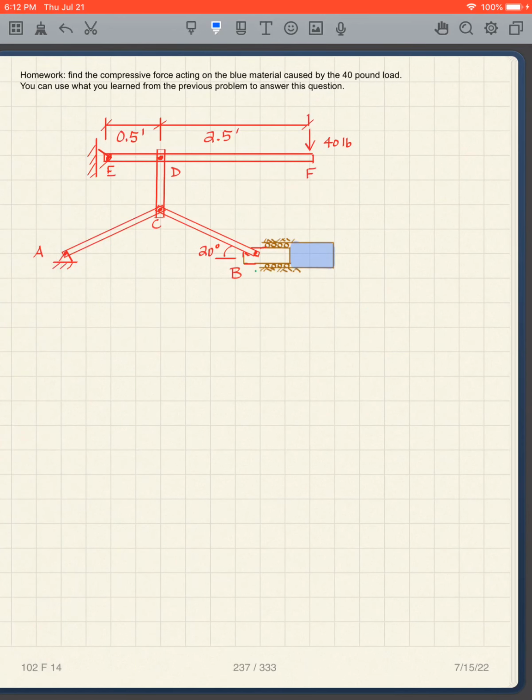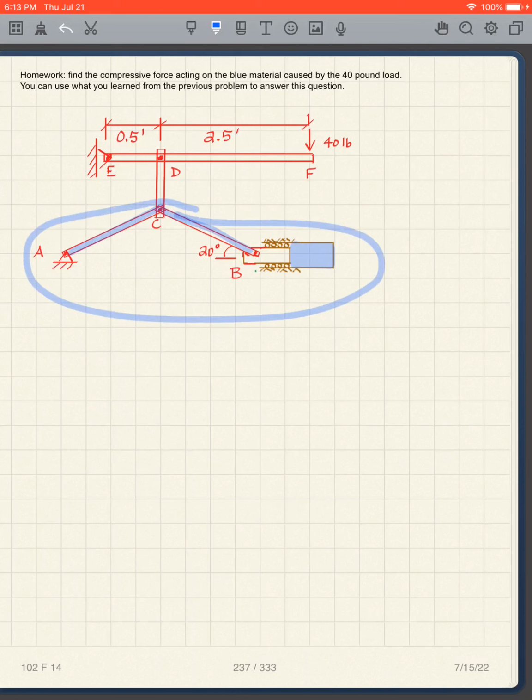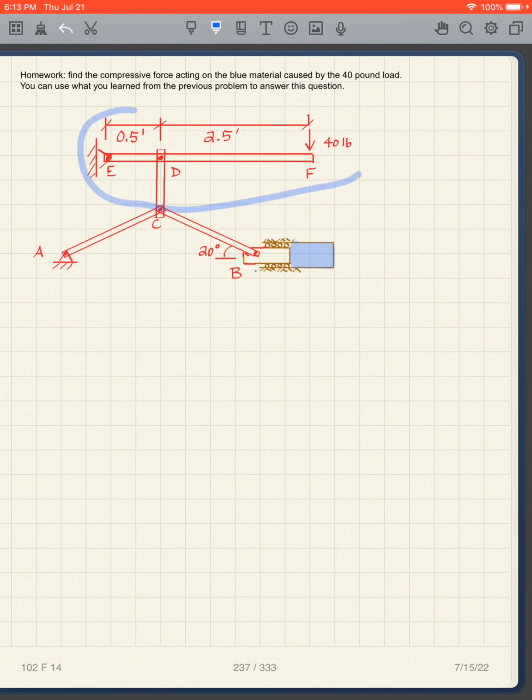Next problem. Okay, now we've got the same device basically, so notice I have the same configuration we just analyzed right here. But now I'm going to add this handle here that's going to help us out a little bit.